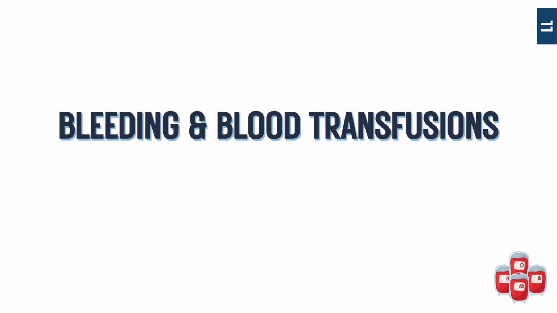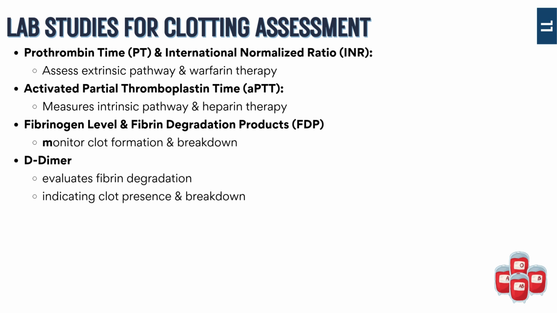Okay, switching gears again, we're now going to talk about bleeding and blood transfusions. Yes, we've already mentioned these in some way, but let's go a little more into it. In critical care, lab studies for clotting assessments are crucial to understanding the patient's coagulation status. These tests evaluate different parts of the coagulation pathway and help guide decisions on interventions, especially in patients at risk for clotting disorders like DIC or when monitoring anticoagulation therapy.